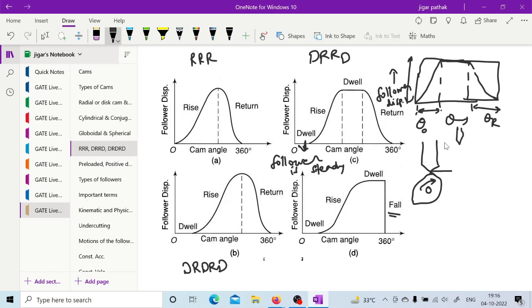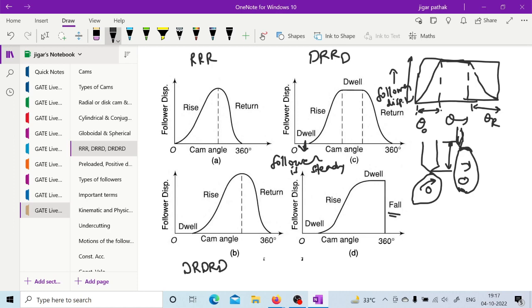Follower's displacement will be from here to here, right? When your cam is here, it may take this shape, right? So your knife edge follower may be here only, right? So there will be a rise, and for a certain period of time or certain angle of rotation, it may be almost flat.